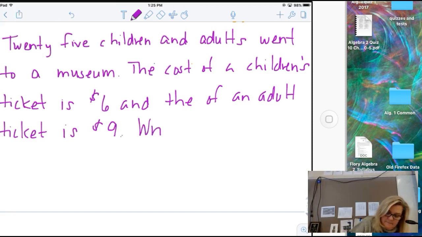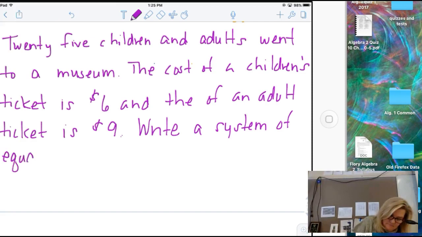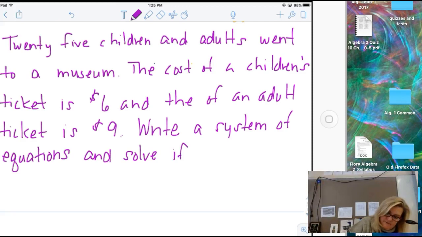Write a system of equations and solve if the total cost was $186."